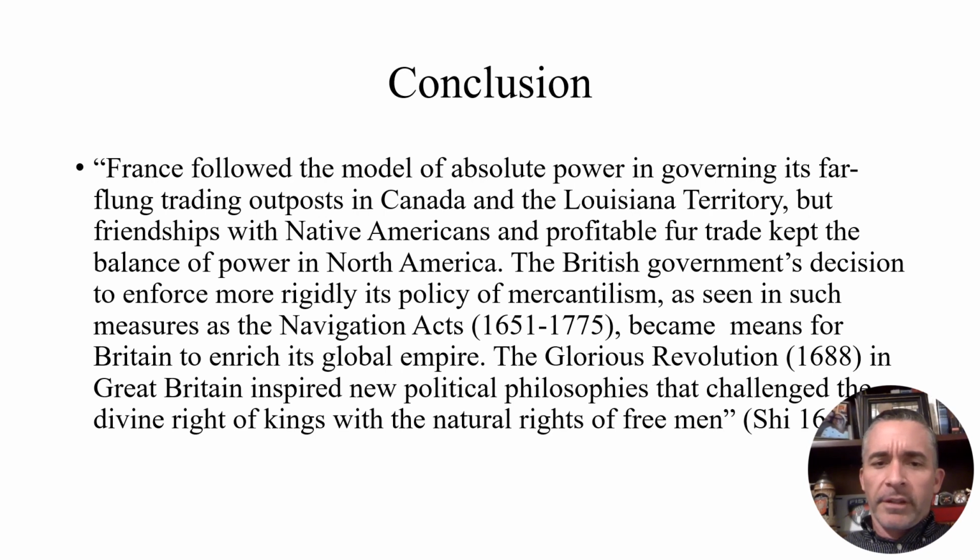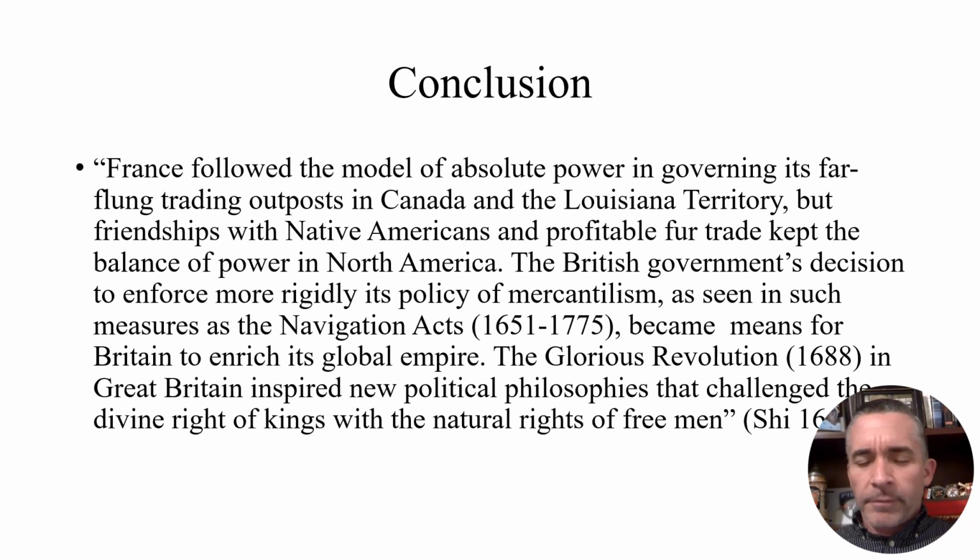Glorious Revolution essentially inspired new, more revolutionary political philosophies in America that challenged the absolute authority of kings, or the divine right of kings, with natural rights, those enumerated by John Locke. Again, life, liberty, property, fair trial, self-defense, all that good stuff.